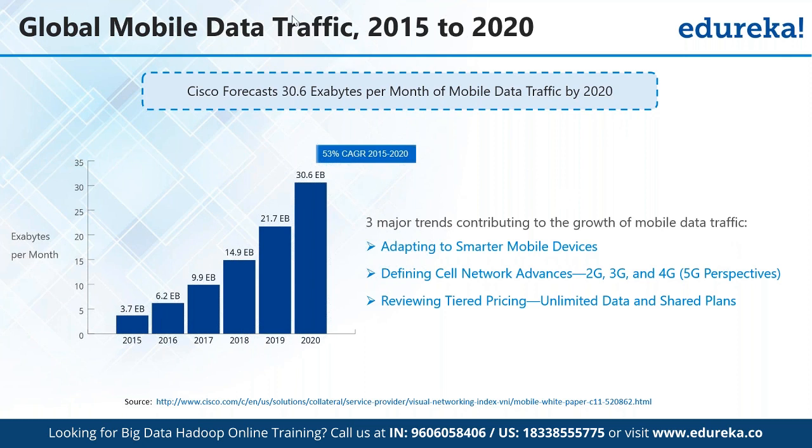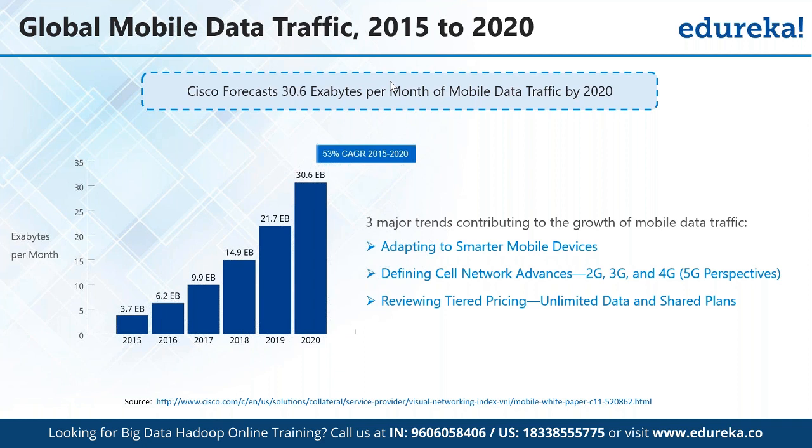You see here, because we have more and more smarter mobile devices, defining cell network advances: 2G, 3G, 4G, even people are talking about 5G. And then you see the reviewing of tiered pricing. You have unlimited data, you have unlimited plans, and so on and so forth.